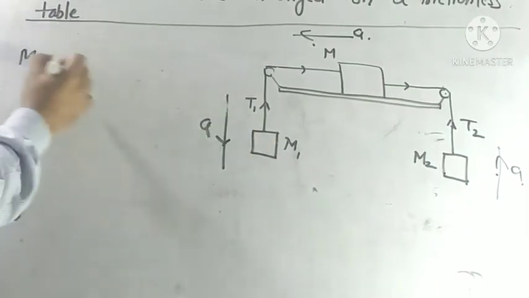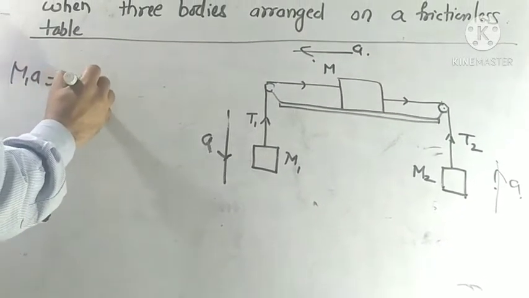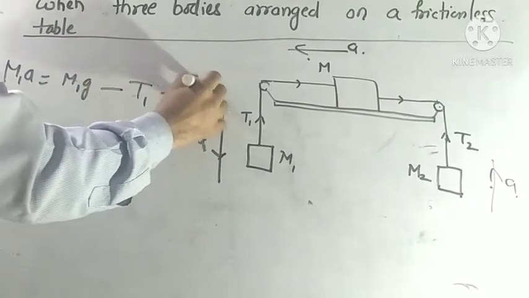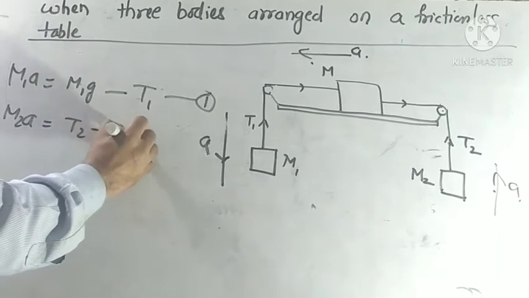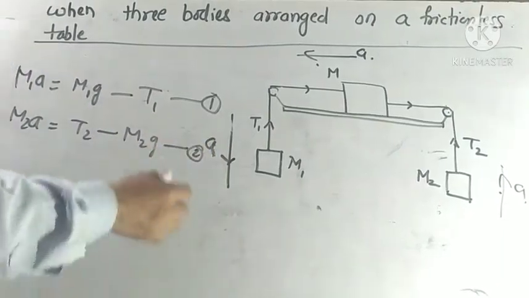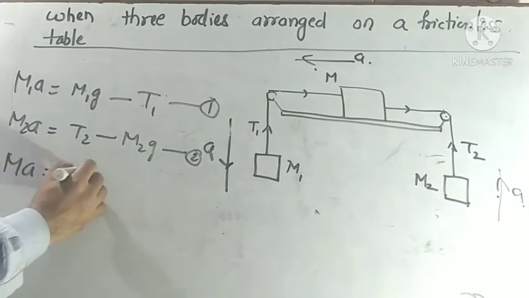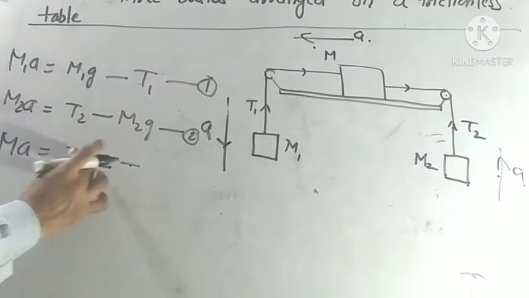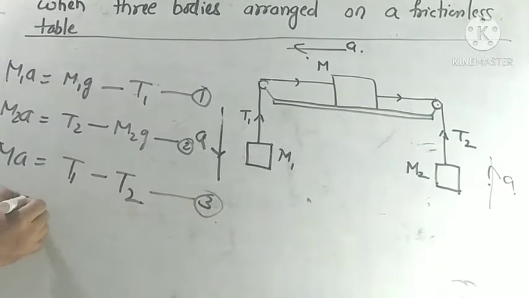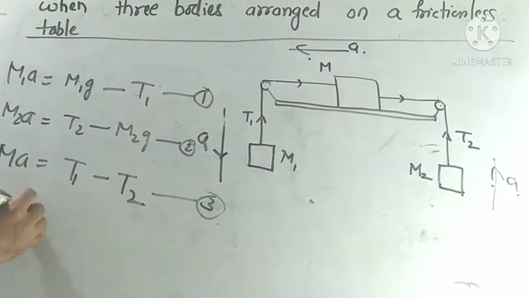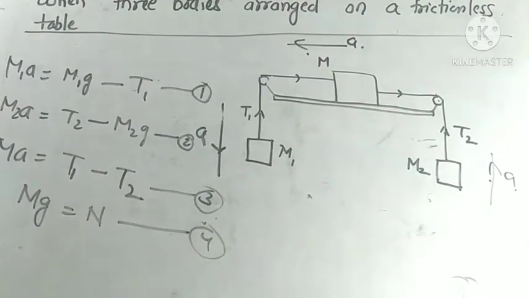M1a = M1g - T1, equation number 1, and M2a = T2 - M2g, equation number 2, and Ma = T1 - T2, equation number 3, and equation number 4 is Mg = normal force.